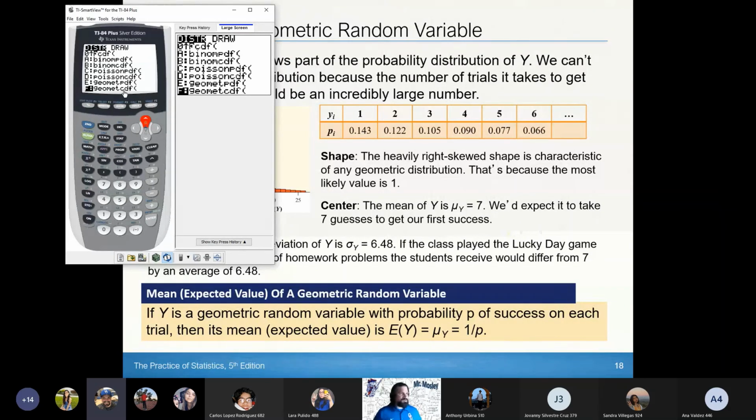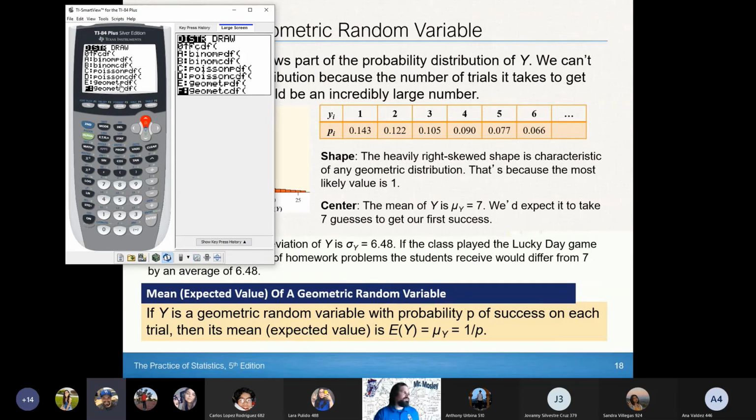So what's the probability of it taking exactly 4 trials to get the first success? The CDF says less than or equal to a specific number of trials. So what's the probability of it taking less than or equal to 5 trials to get a success?